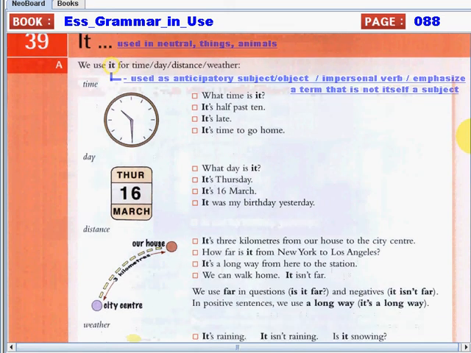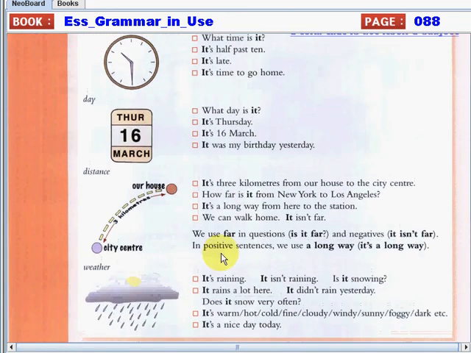Okay, let's go now to the weather. Let's read the first examples for this one. It's raining. It isn't raining. Is it snowing? Next, it rains a lot here. It didn't rain yesterday.